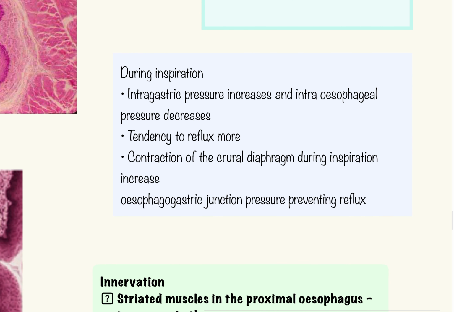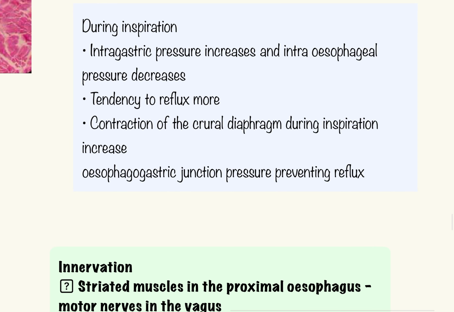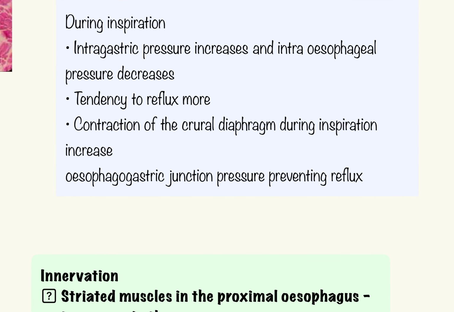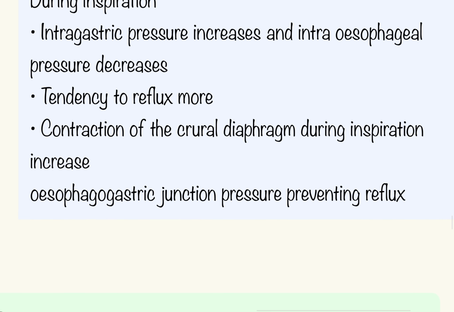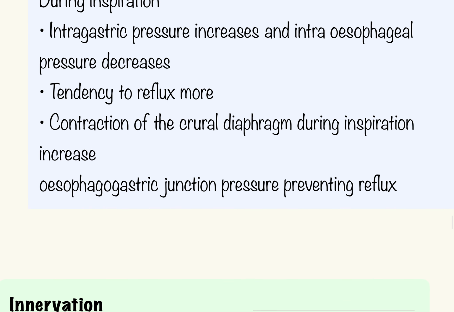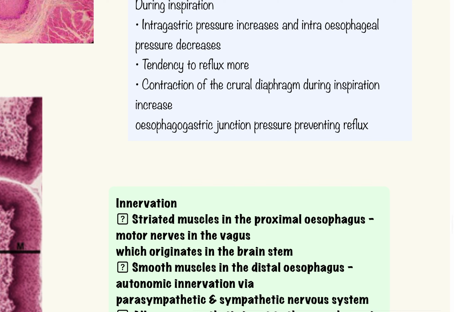During inspiration, intragastric pressure increases and the intraesophageal pressure decreases. So obviously the intragastric pressure should increase so that the sphincter will not open, though there is a tendency to reflux. Contraction of the crural diaphragm during inspiration increases the esophagogastric junction pressure, preventing reflux.